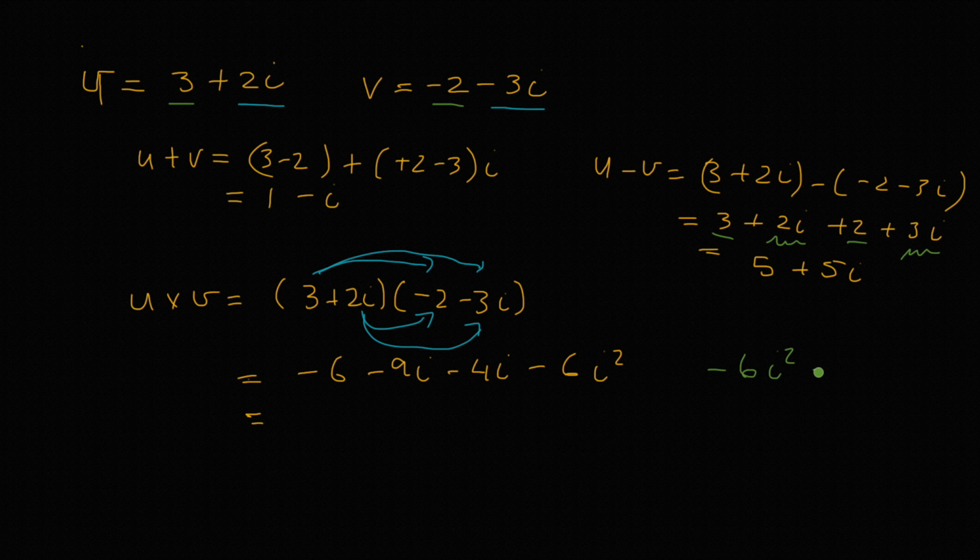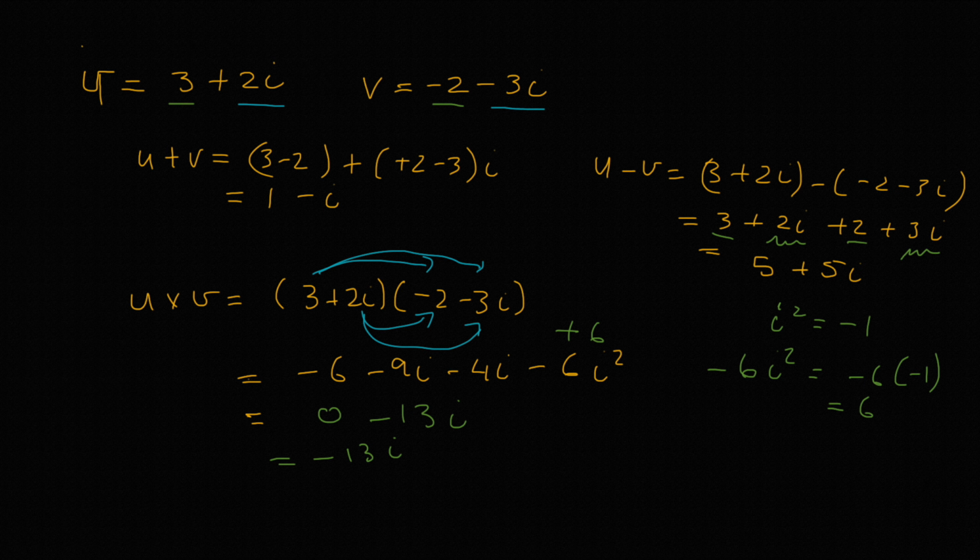We know from the previous video that i squared is equal to minus 1. So minus 6i squared would be minus 6 multiplied by minus 1, which is plus 6. And then we're going to have minus 6 plus 6, which is 0. And minus 9i minus 4i is minus 13i.